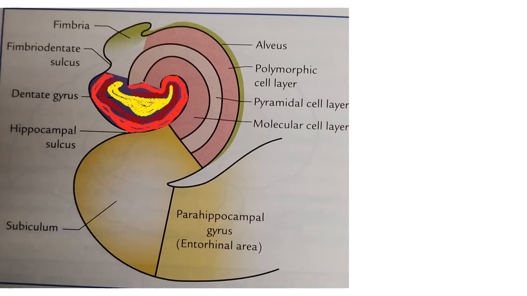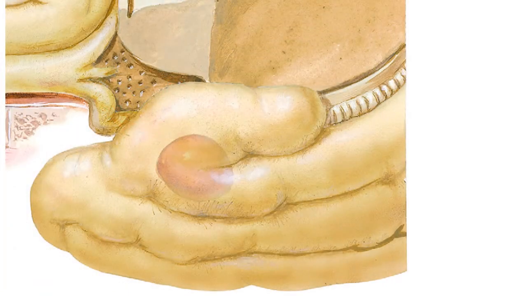Okay, let us see that. Here you can see this is the parahippocampal gyrus. From this parahippocampal gyrus or entorhinal area, the connections extend and reach the granular layer; the dendrites of the neurons of the granular layer receive input from the parahippocampal gyrus. So here we are just taking this small part, the dentate gyrus.